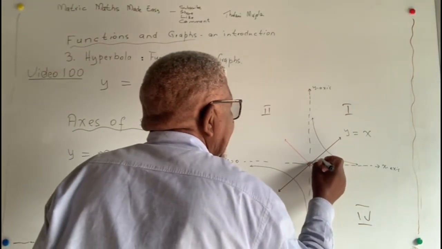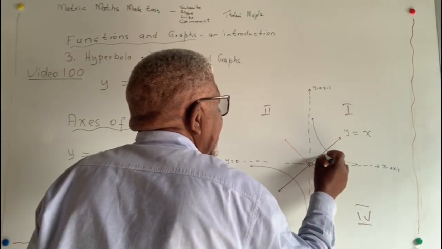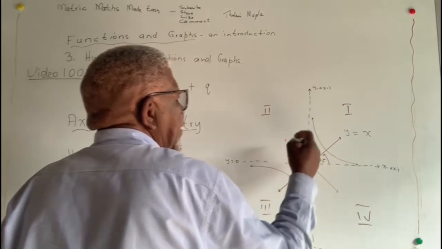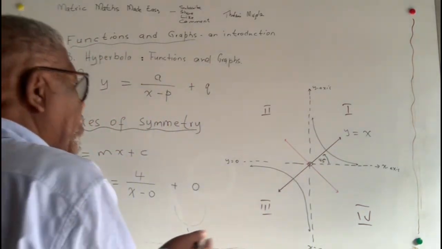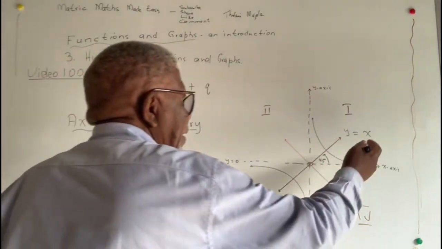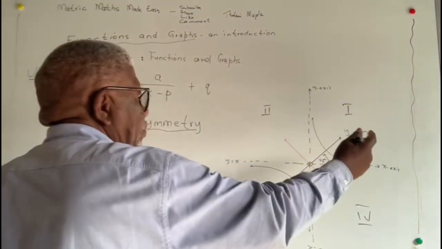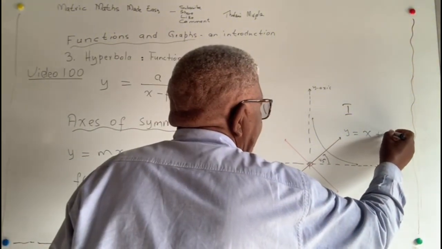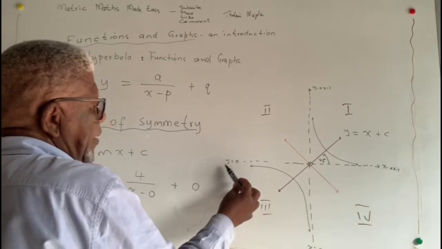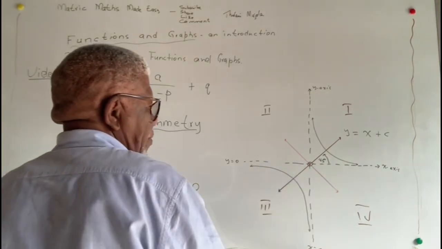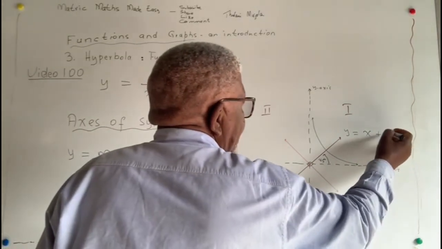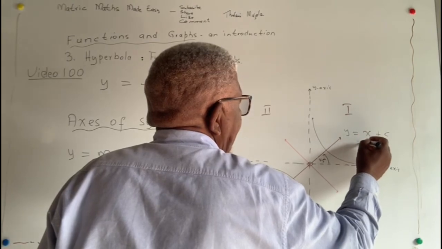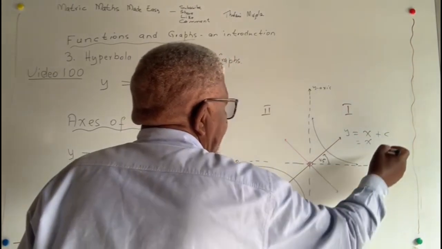So this angle here is 45 degrees. When the gradient is positive, we say y equals x plus c. But you can see that our c, your y-intercept, is 0 anyway. So it's actually y equals x because c is 0.